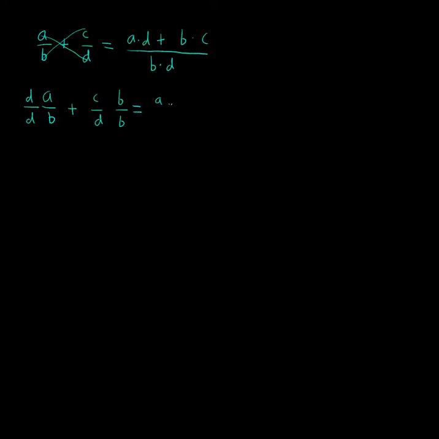So we just take ad over db plus cb over bd. Now, if you think about it, we can write this out as 1 over bd times ad plus 1 over bd times cb.